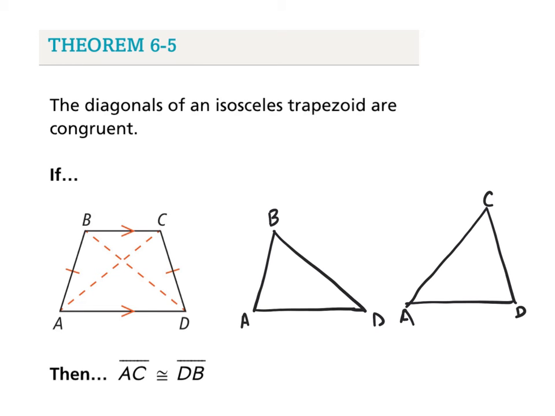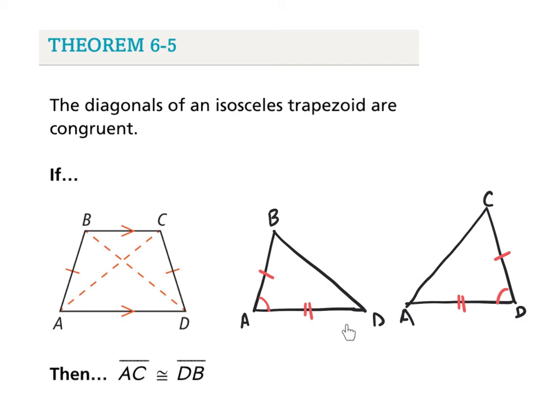Now I want to transfer the markings that I know I would have over here. I know that segment BA is congruent to segment CD. And I know that in this isosceles trapezoid, this angle here and this angle here are congruent because originally those two angles are my base angles. So I know angle BAD right here and angle CDA right here are congruent. But I can also mark segment AD and segment AD congruent to each other because it's just the same segment in the original picture.